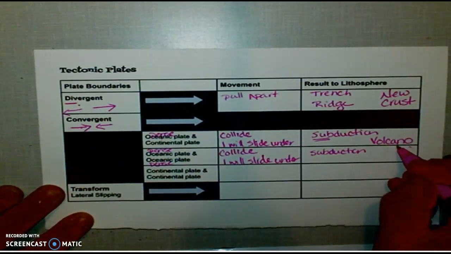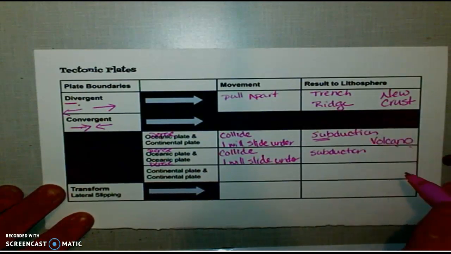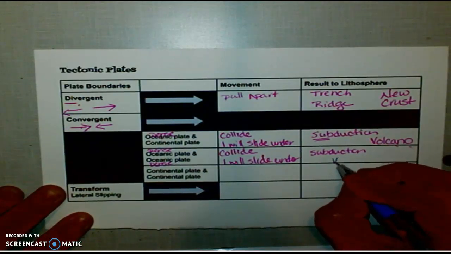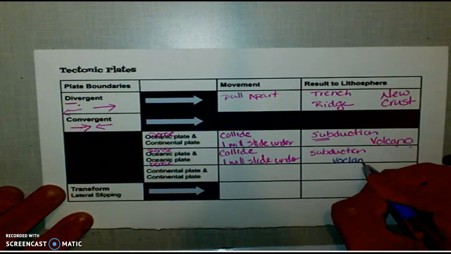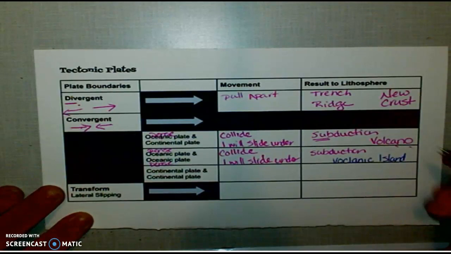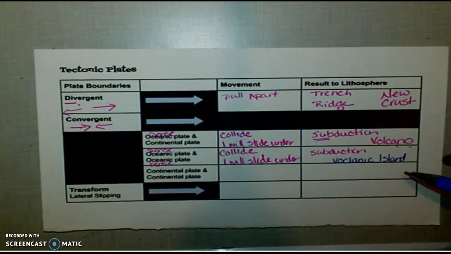But then you get a volcano that is completely surrounded by water. So what I end up getting is a volcanic island or an island chain. Remember, an island is completely surrounded by water. We have these out in the Pacific Ocean, and that's Hawaii.